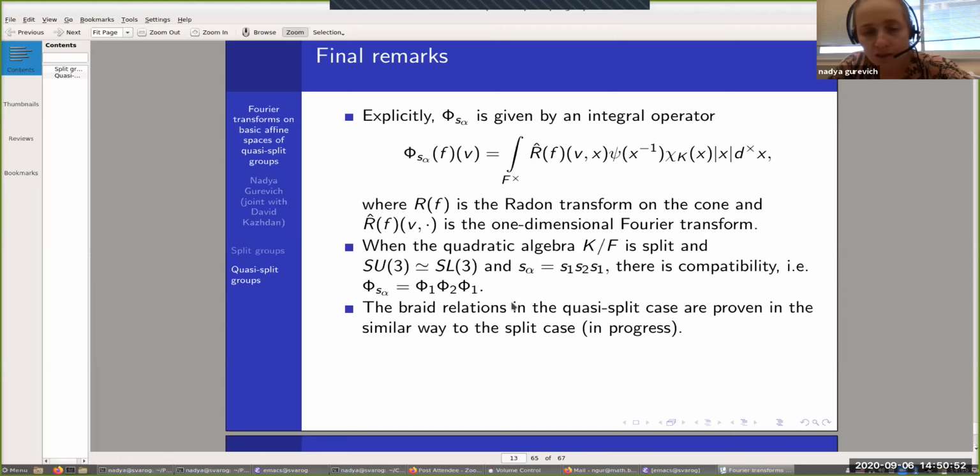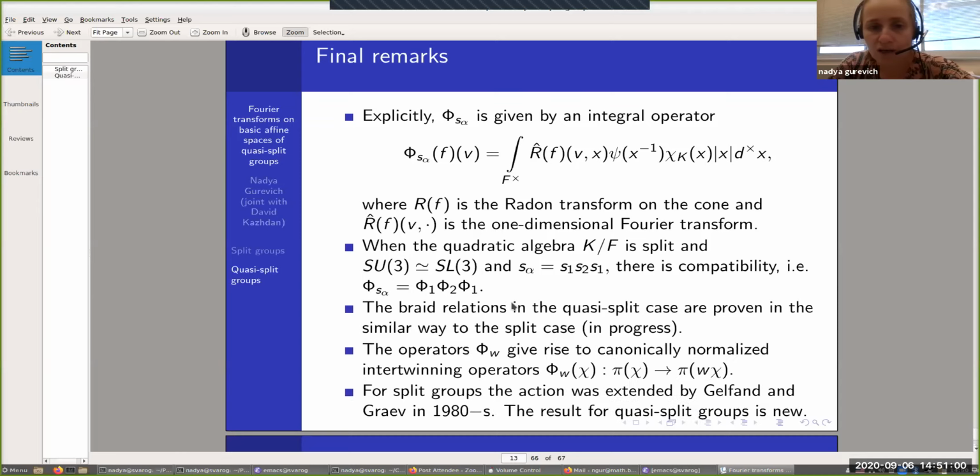The braid relations in the quasi-split group are proven in a similar way to the split group, and this is still in progress. Let me mention one of the possible applications of defining these operators F_w generally: they give rise to normalized intertwining operators between pi of chi and pi of w chi, which are canonical.